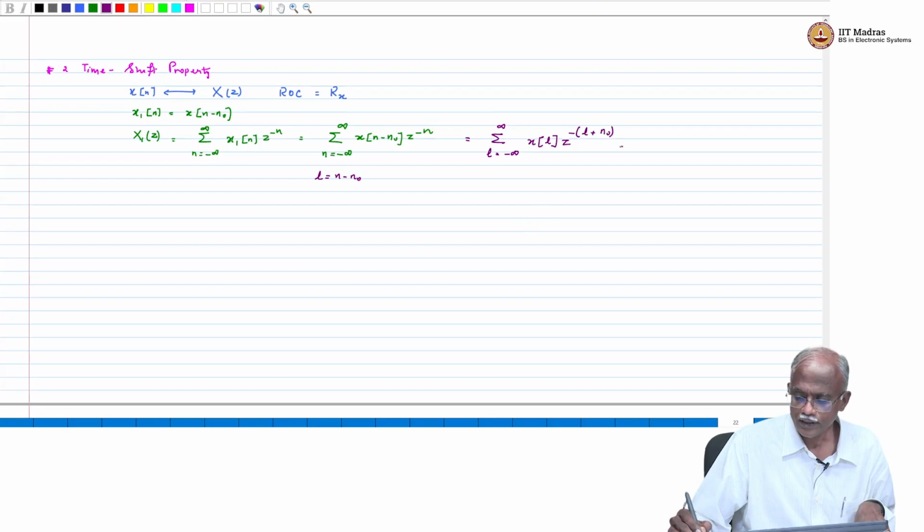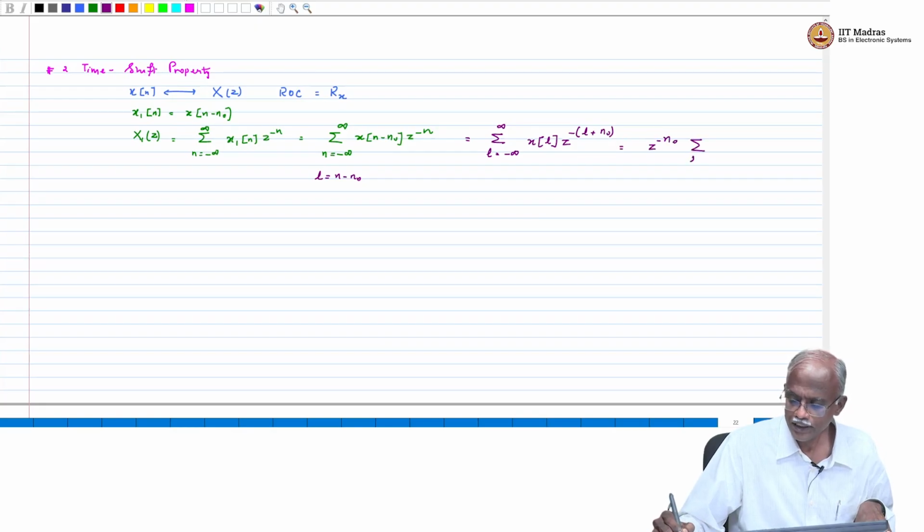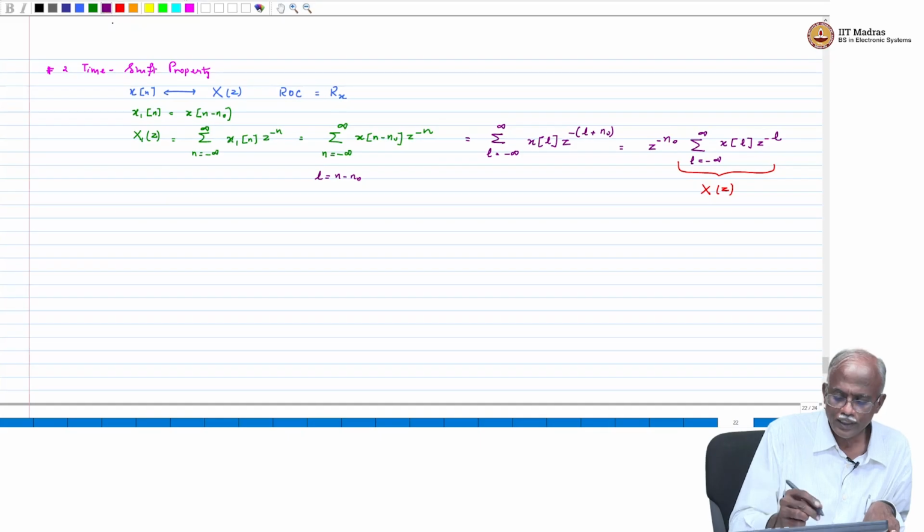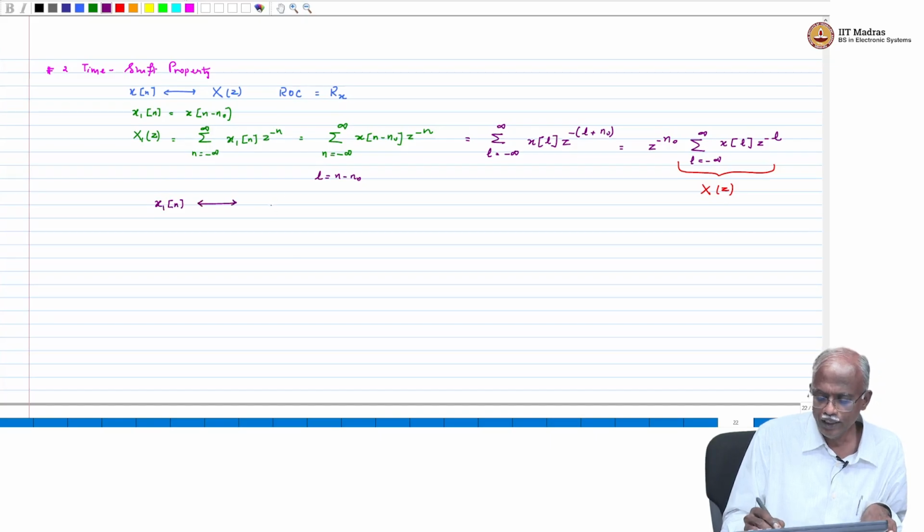Then you can simplify this as z power minus n naught, summation L equal to minus infinity to infinity, x of L z power minus L, and this is nothing but the expression of x of z. So we can now say that x1 of n has a z transform which is given by z power minus n naught x of z.